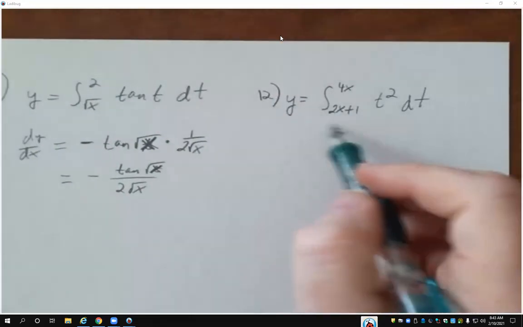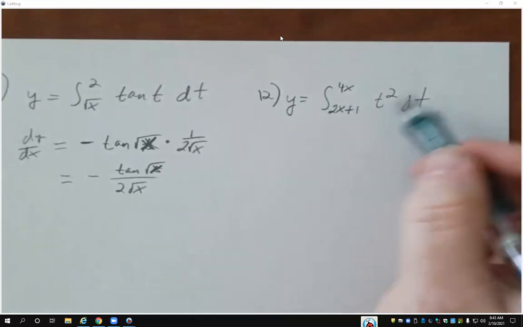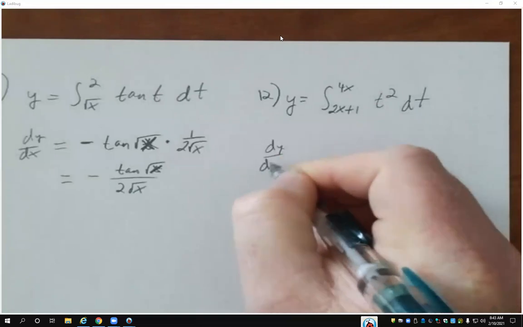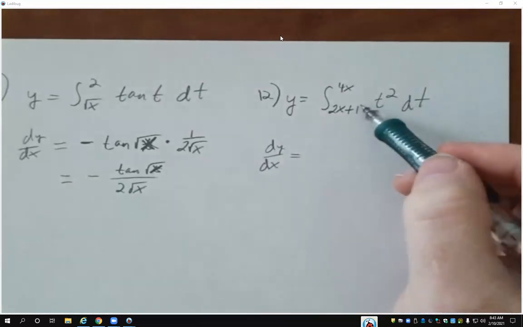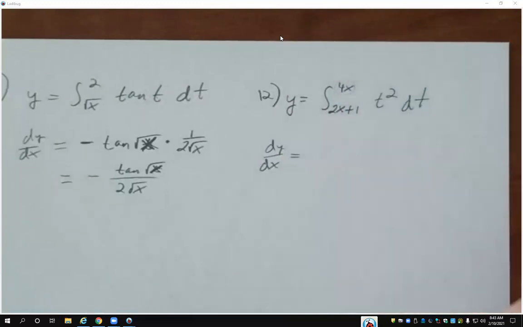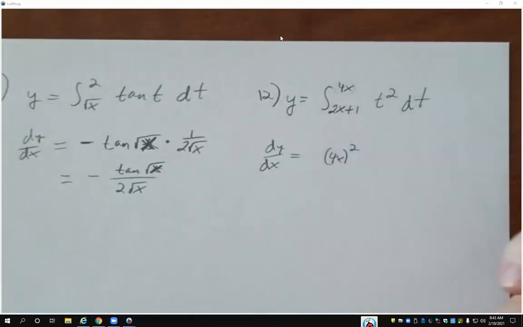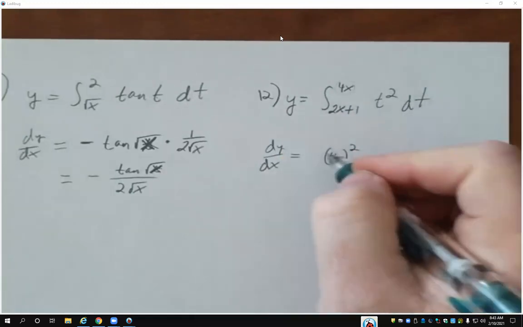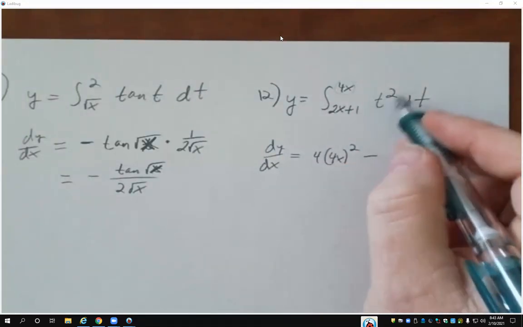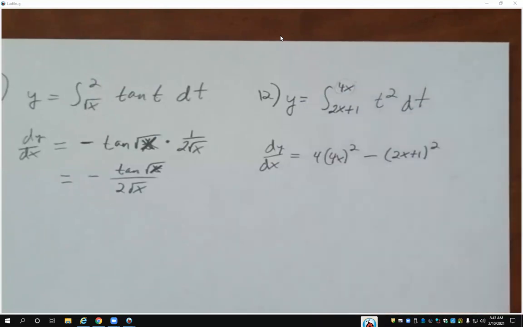All right, number 12. We have y is equal to the integral from 2x plus 1 to 4x of t squared dt. So the derivative dy/dx is equal to, we're going to start here and plug 4x into this. So it's going to be 4x squared. Chain rule, the derivative of 4x is 4. Minus, we're going to plug 2x plus 1 into this and get 2x plus 1 squared.